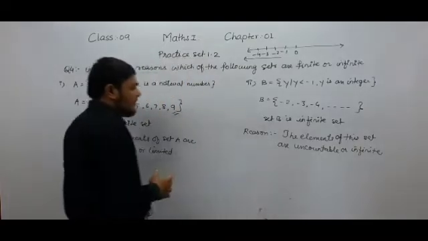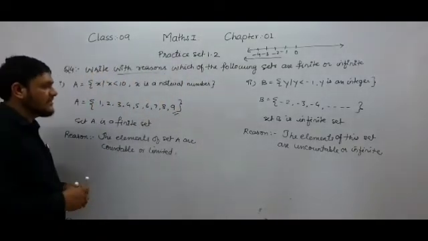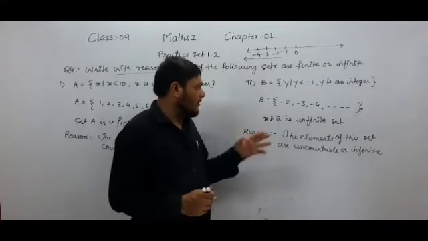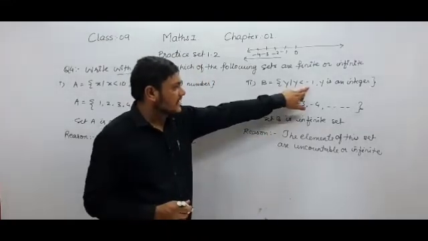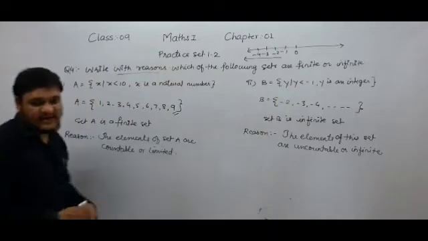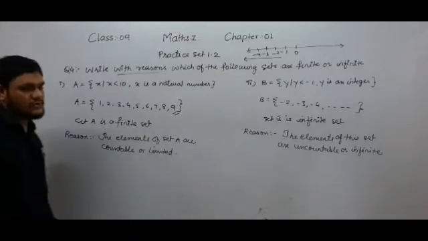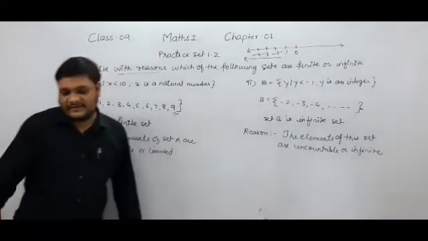The set of integers is an infinite set. Why? Because the set of integers is infinite or uncountable. We want the integers that are less than -1. The integers which are less than -1 are uncountable or infinite. Hence this set is also an infinite set. So you can say that this set is an infinite set.